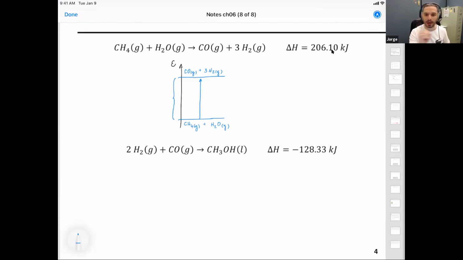And now we have the number. So let's add the number here: plus 206.10 kilojoules. If we are moving towards a higher energy level, this kind of reaction is classified as endothermic. Okay, so energy is flowing from the outside towards the system.